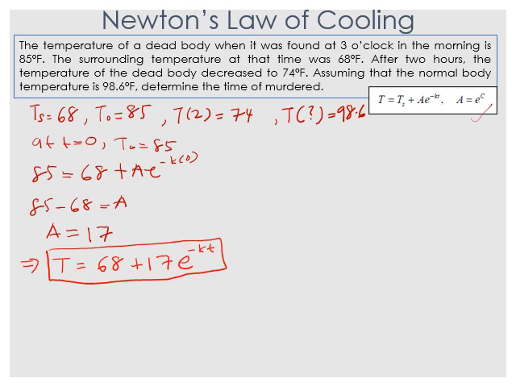So what we need to do is use the next information given. 74 is equal to 68 plus 17 exponent negative k times 2, substituting the information given when t equals 2. So what do we get here?